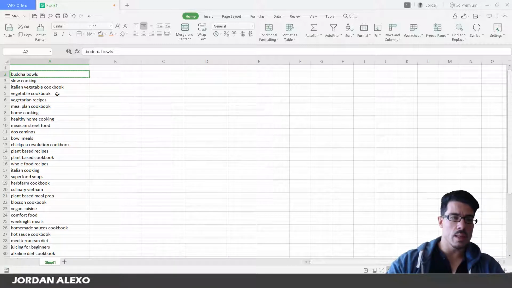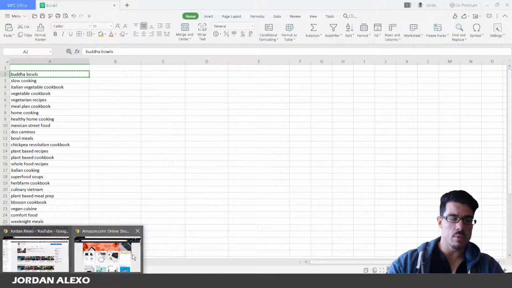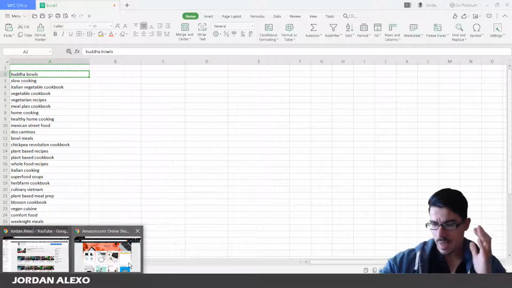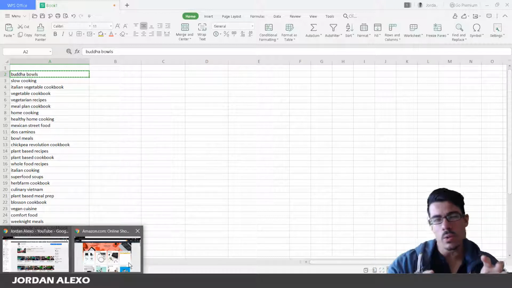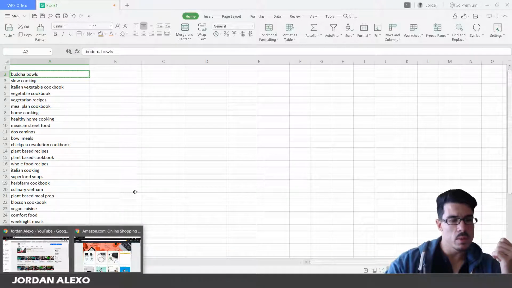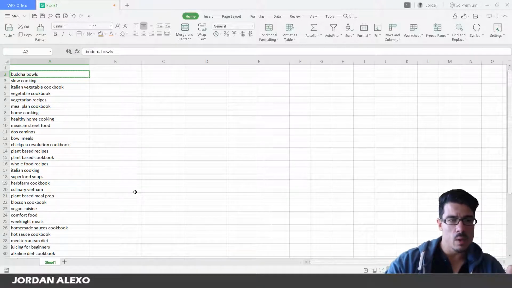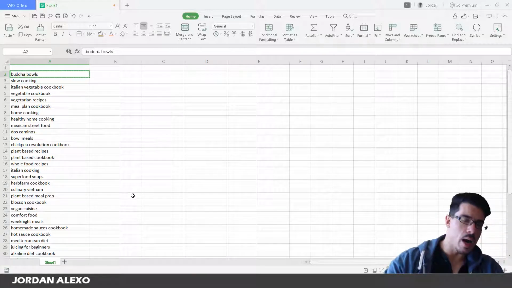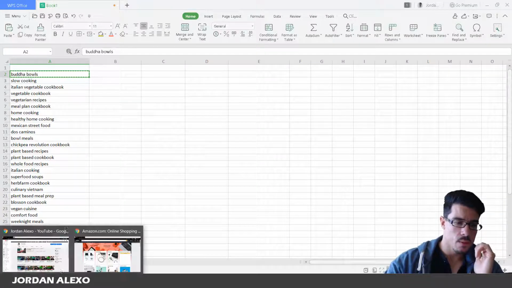Of course, I'm not going to analyze all of them because it would take forever, but I'm going to analyze, let's say, three to five keywords, just to show you my thinking process when it comes to seeing whether a keyword is profitable or not, and whether it's too competitive or not. Those are the two things that you need to analyze.